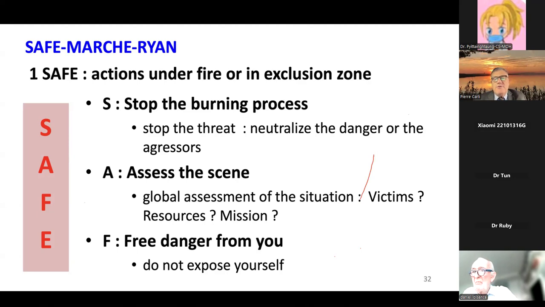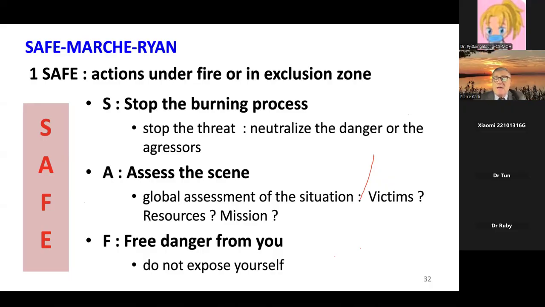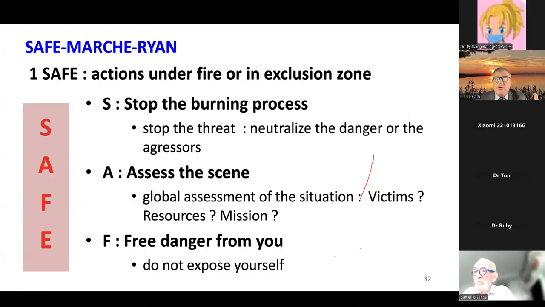The second point is to assess the scene. That means to have a vision of what is happening, what you are doing now, where you are, and what resources are around. Next point, is it free of danger for you?